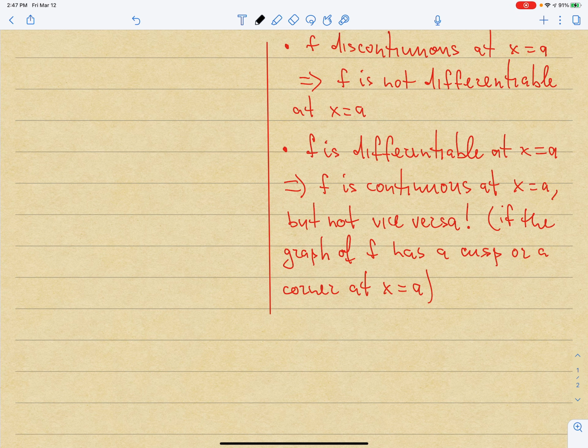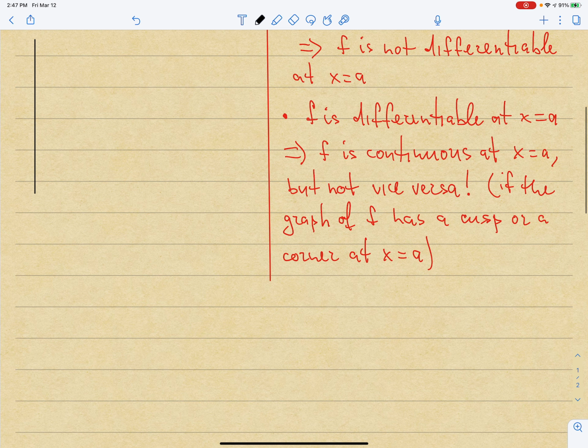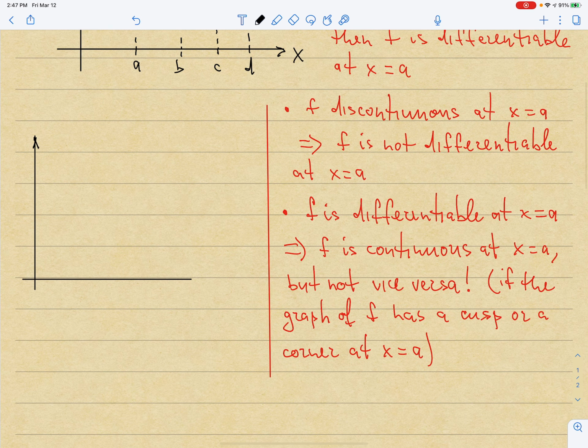Again, another picture. The y-axis and x-axis again. So f of x and x. And let's say I have a graph of a function like this.